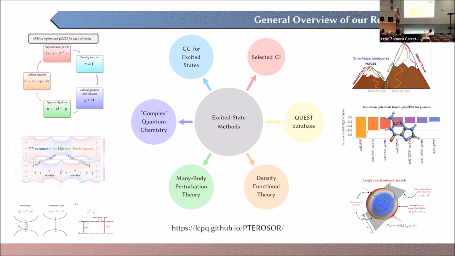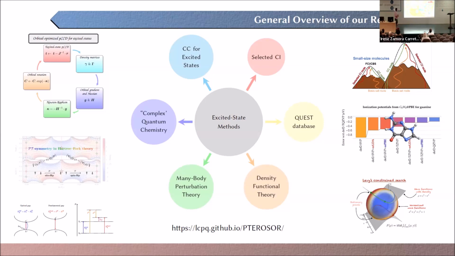Our systems are fairly small. Those spin crossover systems are quite huge for me. I think I'll go up to benzene, maybe. That's what I do. So we worked on various things. Today I'm going to talk about selected CI and also what we call the QUEST database of accurate excitation energies. I'm going to say a few things about this today.